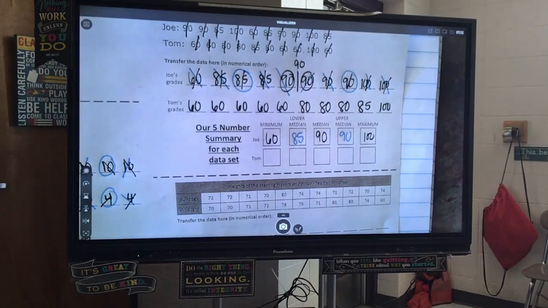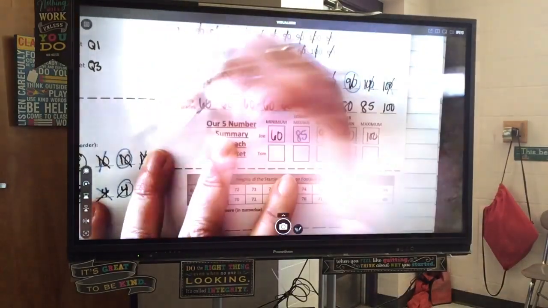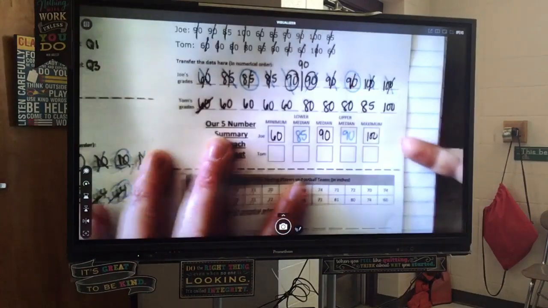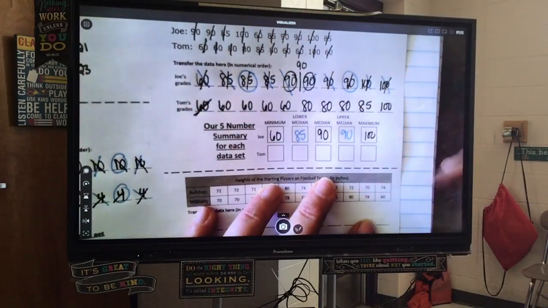All right, who would like to walk me through Tom's grades? All right, Ace. Five 60s. We already got that. Okay. So you're walking me through the median, the minimum, maximum, Q1, Q3.